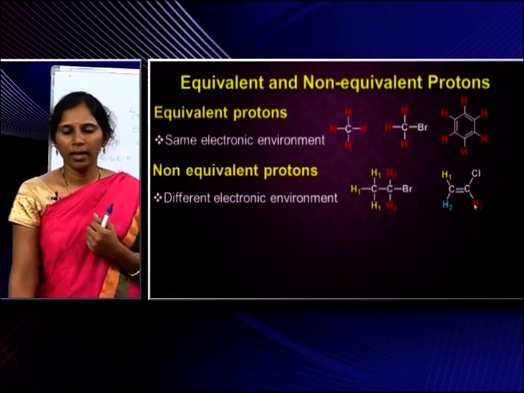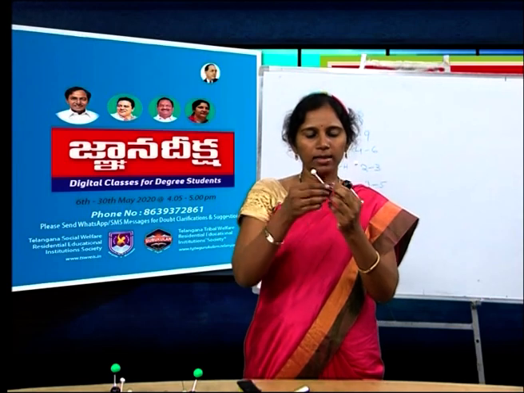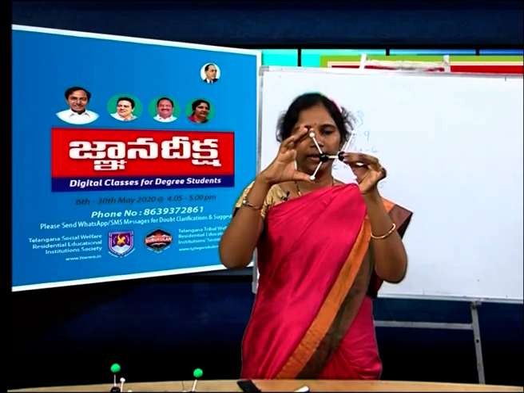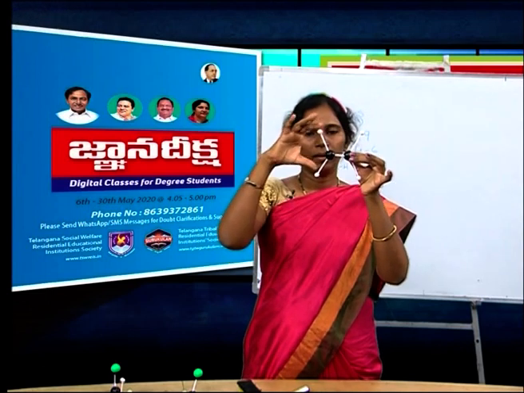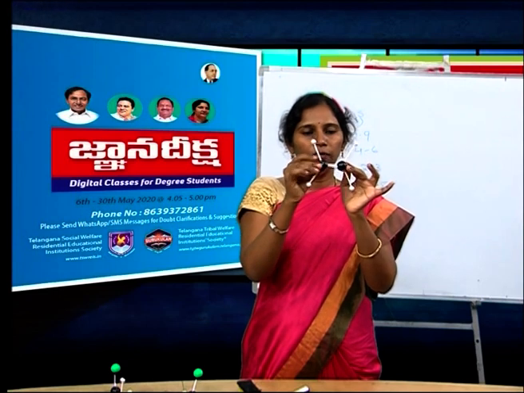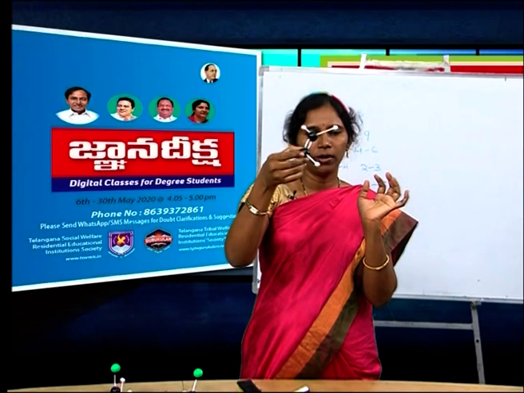And if you take ethylene, let me show you. In this one, the black balls are 2 carbons, and the white balls are hydrogens. If you see the orientation of hydrogens, all 4 hydrogens are the same.